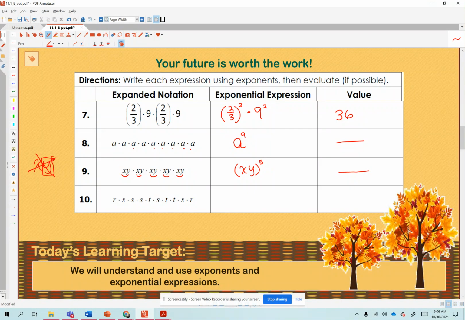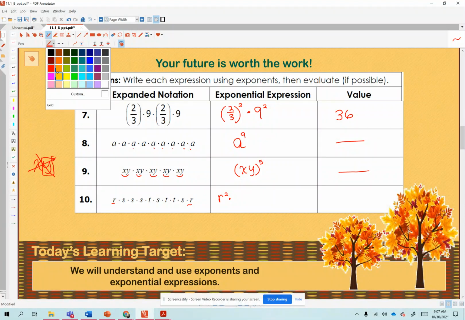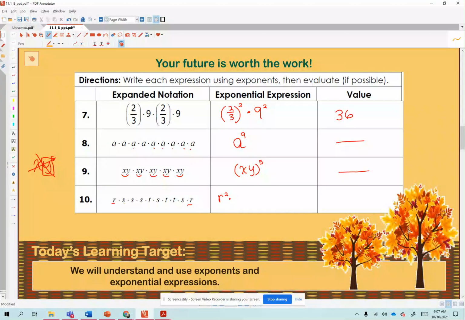So now we've got a mixture of R's, S's, and T's. So we've got R, 1, 2, looks like 2 R's. So that's our R to the second power times, let's change the color to make it really clear, we have 1, 2, 3, 4, 5 S's.